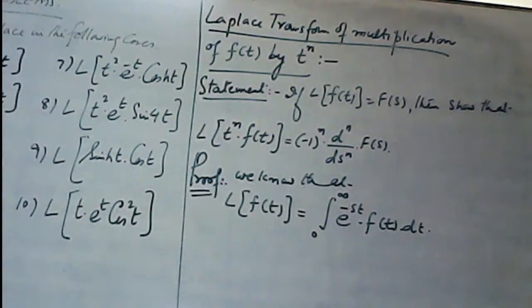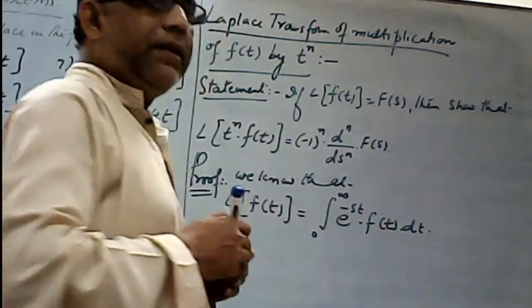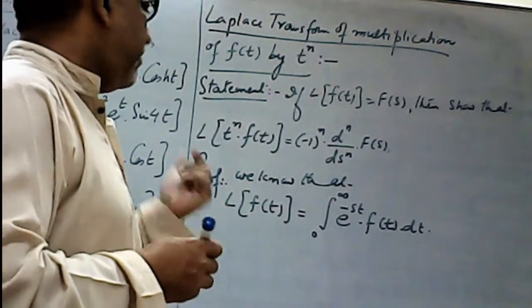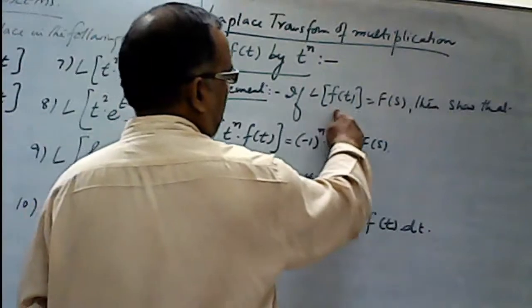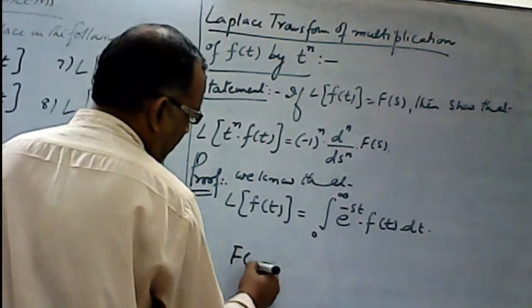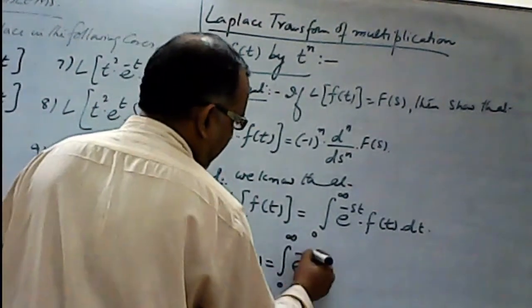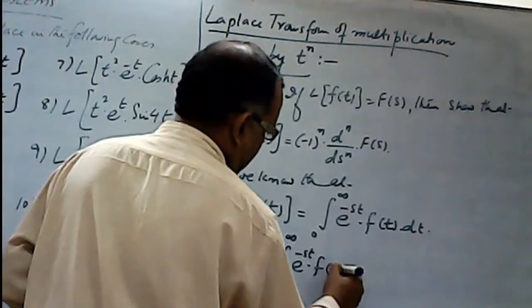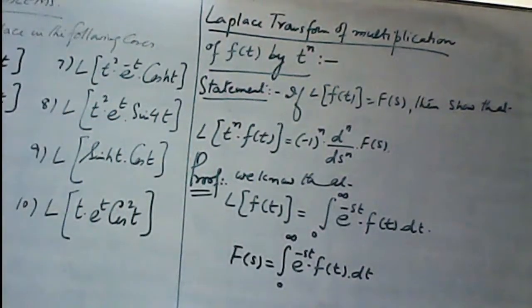I am using the same formula again. So now instead of utilizing the right hand side first, I am using the left hand side first. Given is that Laplace of f of t is equal to function of s. So on the left hand side I am writing function of s in place of Laplace of f of t. Right hand side remains the same.